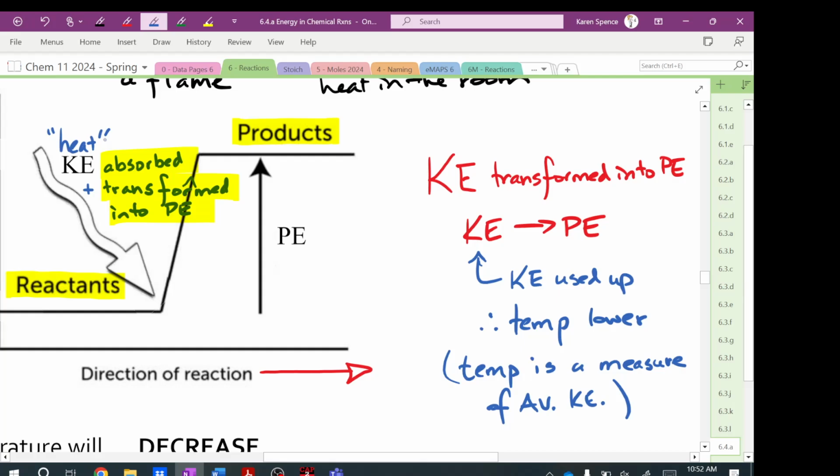But that usually misses the step that the heat is absorbed and then it is transformed into potential energy. So it's important that your brain makes that distinction: when heat is absorbed, it's not just absorbed, it's absorbed and then transformed into potential energy, so you have less heat than you did before. Does that make sense? So the temperature gets lower.